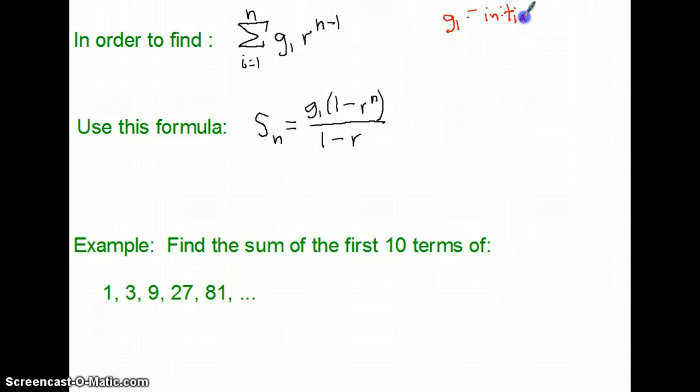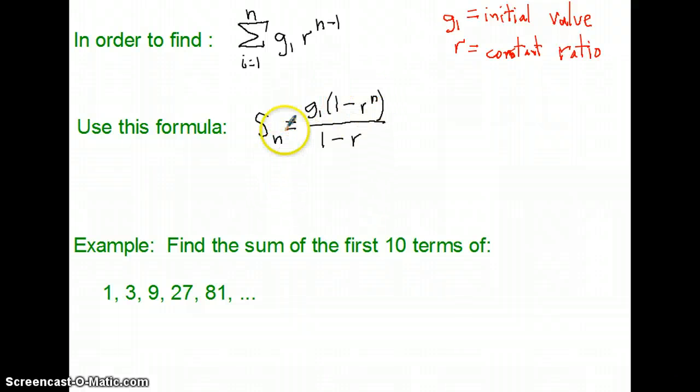The other ingredient in here, really the only other thing to know, is r, which is the constant ratio, the thing being multiplied over and over again to go from term to term. The term to term same multiplier. If you know all those ingredients, then you have enough information for this.